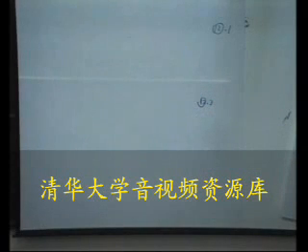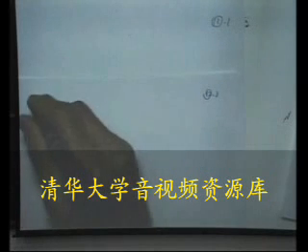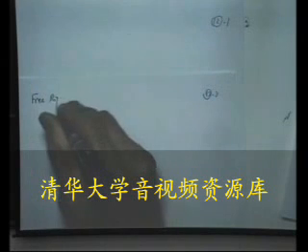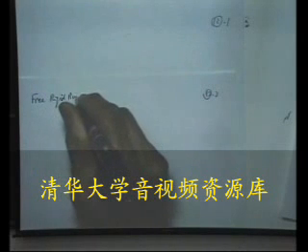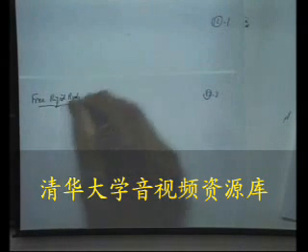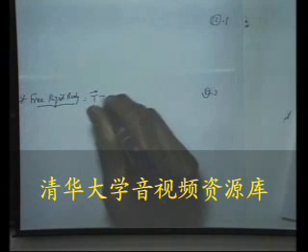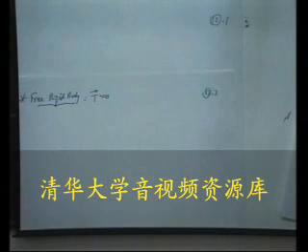Now let us take the special case of a free rigid body. That means the torque is equal to 0 if the body is free.